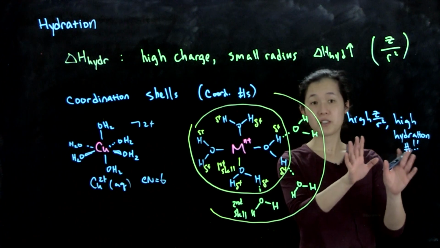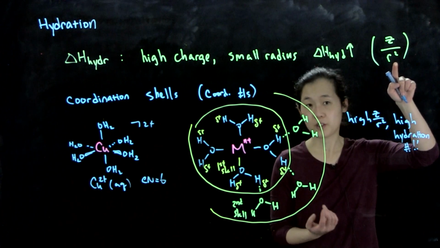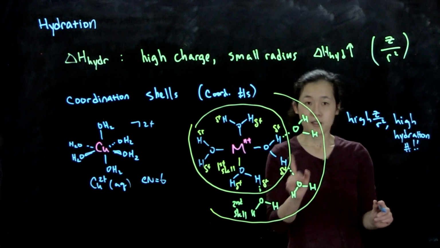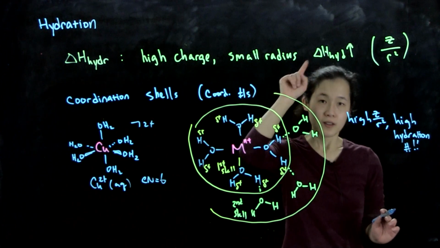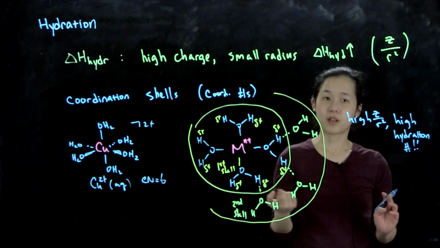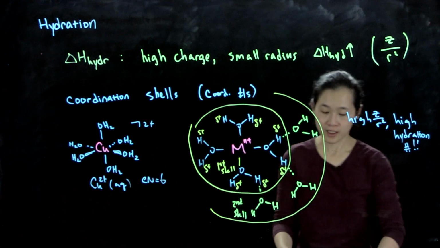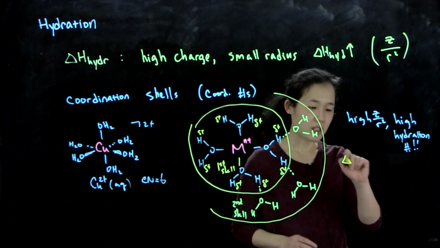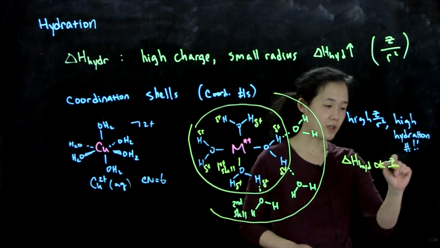But it's a very high hydration number because it has that charge, but also the radius of lithium is very, very small. The reason this is important is because enthalpy is how exothermic your reaction is, how many bonds you form. The higher your hydration number is, the more heat you release upon hydrating your ion. So your hydration enthalpy is proportional to Z/R².